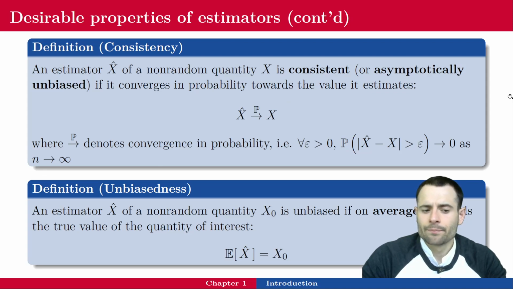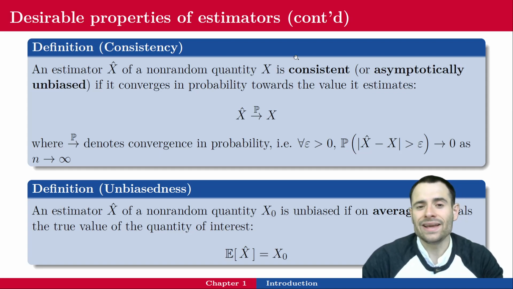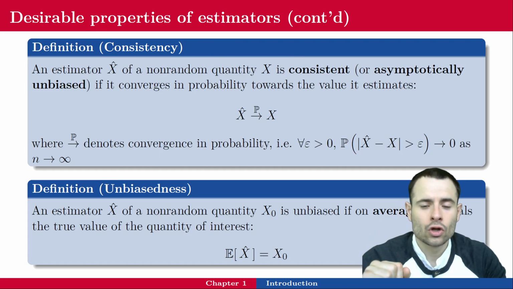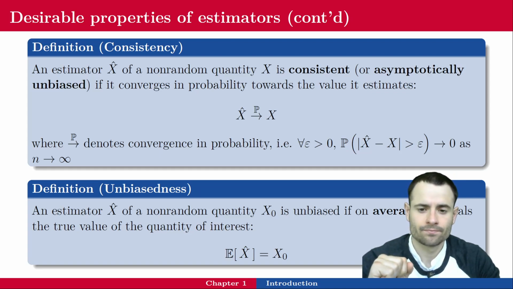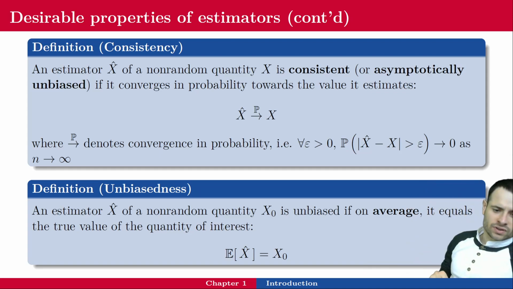Second definition. An estimator x hat of a non-random quantity x0 is said to be unbiased if, on average, it equals the true value of the quantity of interest. It is a very important property as well.